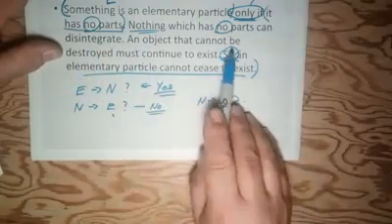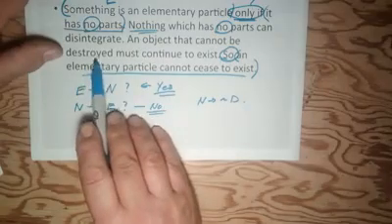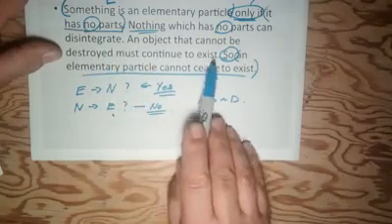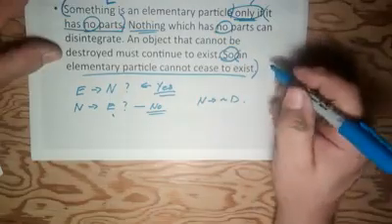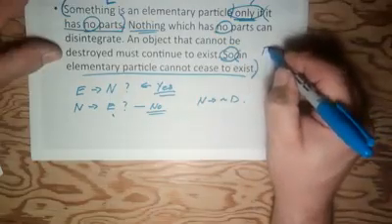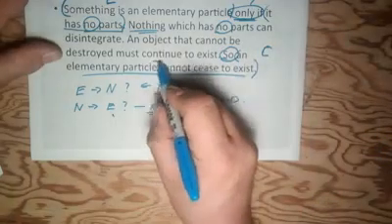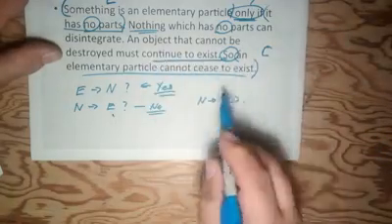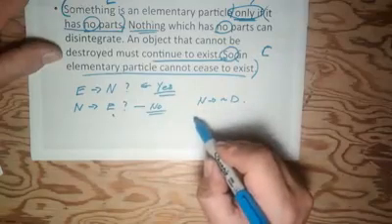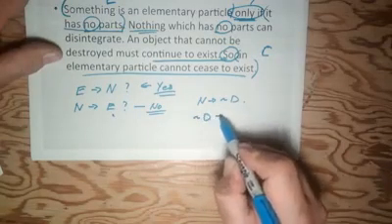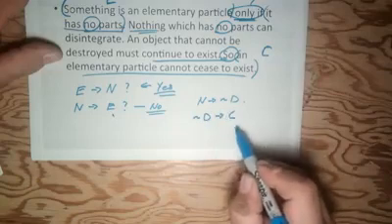So an object that cannot be destroyed or cannot disintegrate must continue to exist. We probably want C for continue to exist. So if it cannot be destroyed, then it must continue to exist.